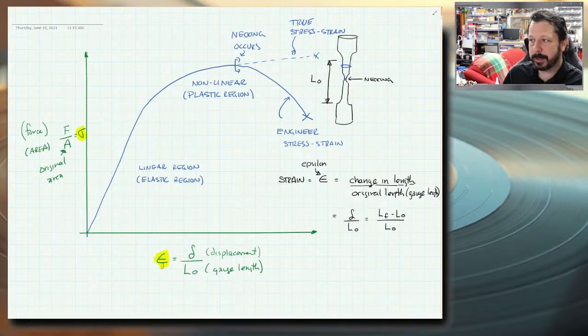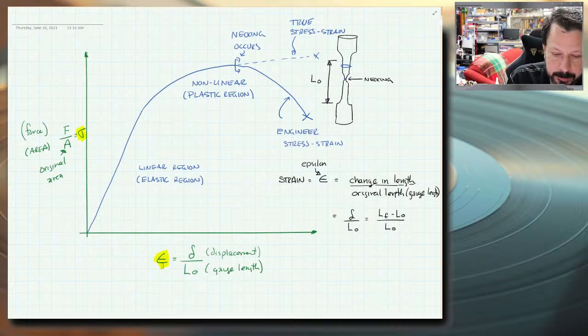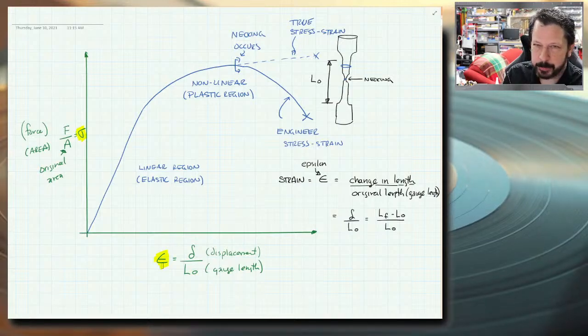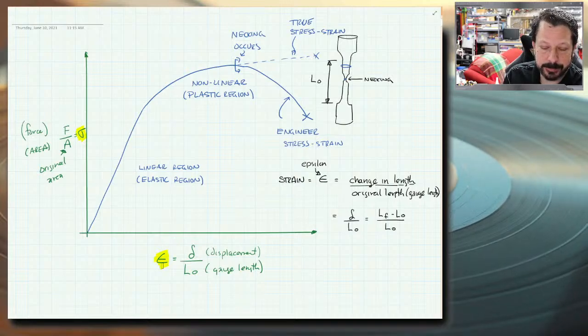Once you get this plot, now there are several material properties that we can obtain from a plot. Now, you would do multiple plots and average out samples instead of just one sample. You would do this multiple times. Let's assume that this is our average plot. Again, recognizing that what I drew for our linear region probably is going to be much steeper than what I've drawn, but I need a little bit of room to write stuff, so I made it not as steep as they normally are.